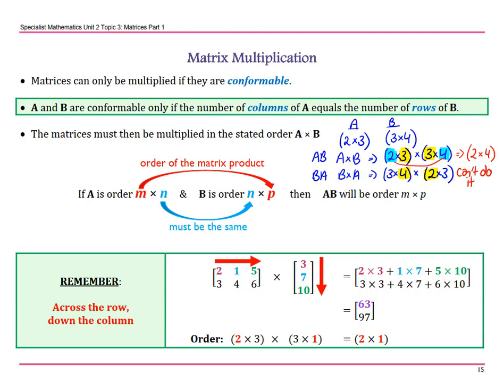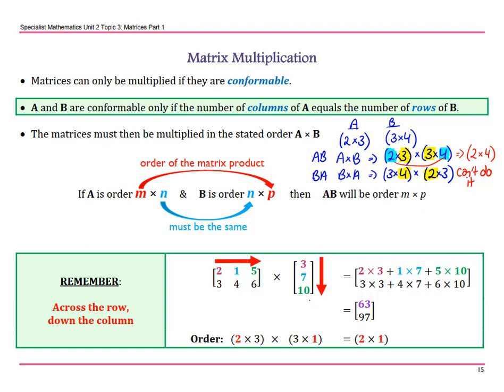Now, when multiplying, the biggest rule to remember is across the row and down the column. That's key when you're multiplying. As you can see in this example that I've color coded, we go across the row and down the column.